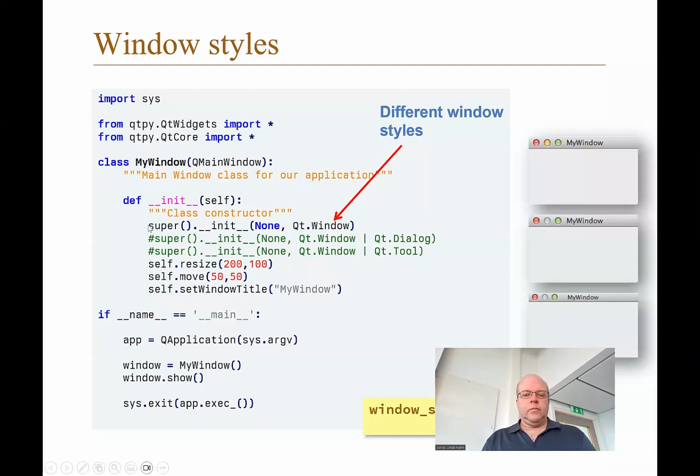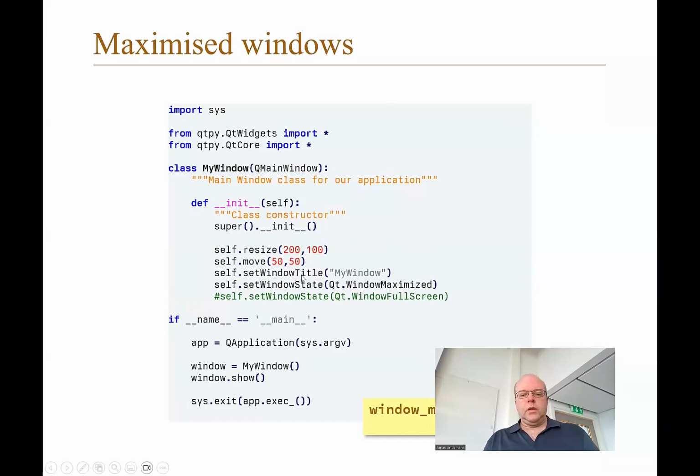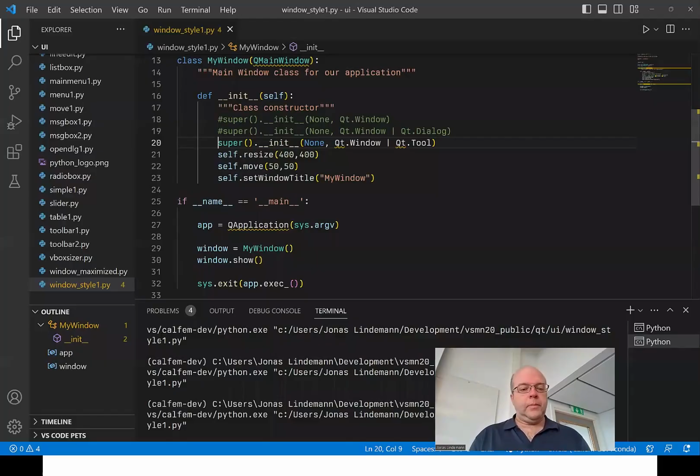It's also possible, when you start the application, to maximize the window. So if you want the application to show on the entire screen, you can use Qt window maximized here, window state. There's also one called window full screen, which I will show you, that will actually put the window on top of everything. So it actually covers all the user interface parts of your operating system.